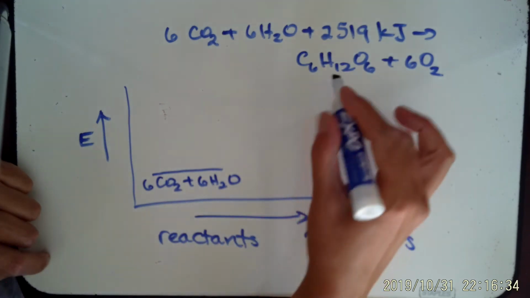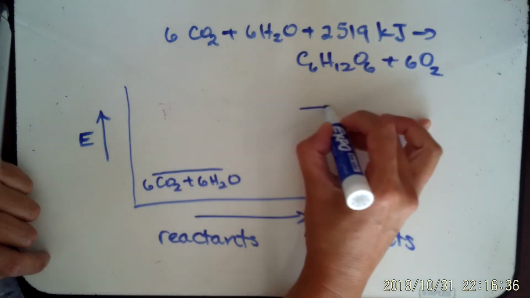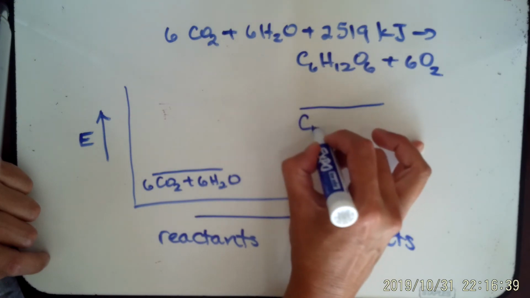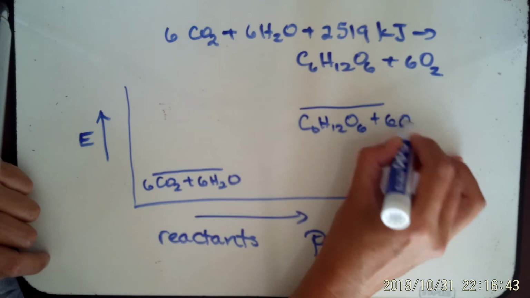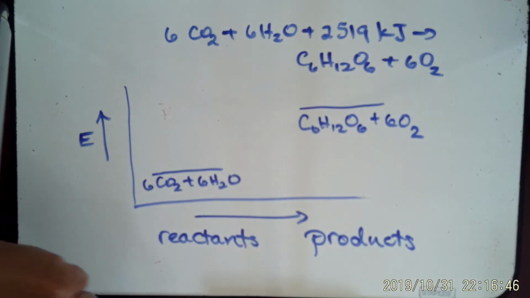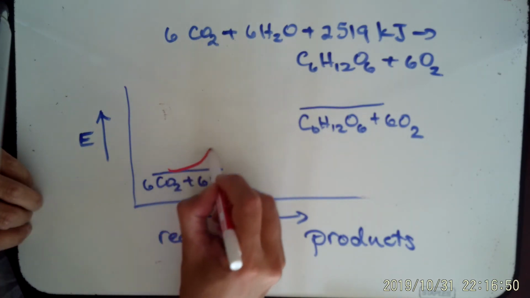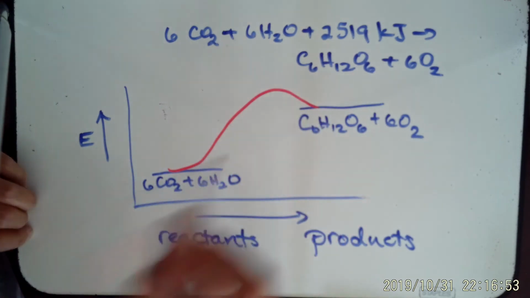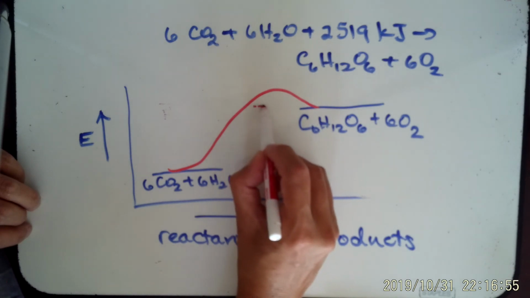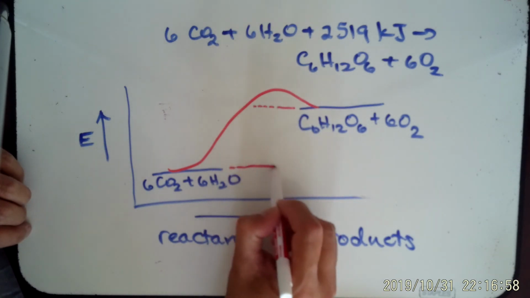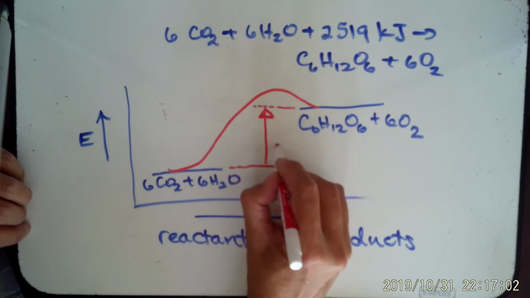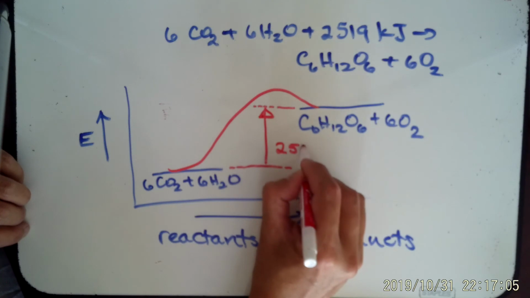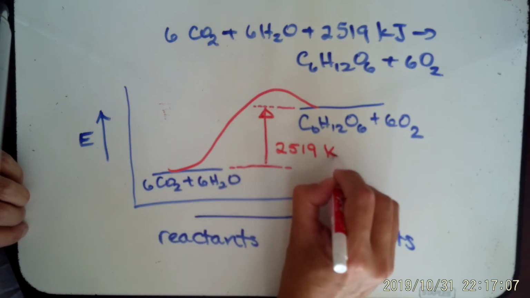and my products right here, glucose and oxygen. And what happens is this: if we look at this reaction, then the difference between these two lines right here and right here, and going uphill now, I need to add in the 2,519 kilojoules.